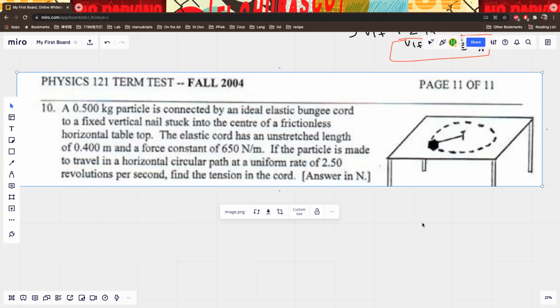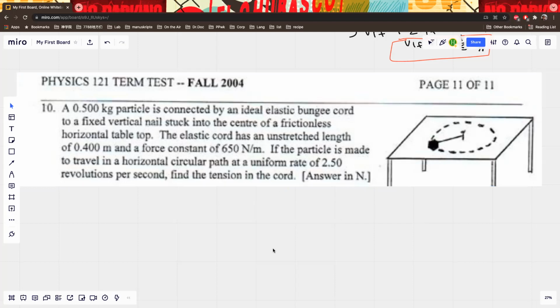All right, that's perfectly fine. Let me get the marker. Okay, so the ideal elastic cord originally was 0.4 meters, and now it stretches by a length of x. Let's say the final length equals 0.400 meters plus x.